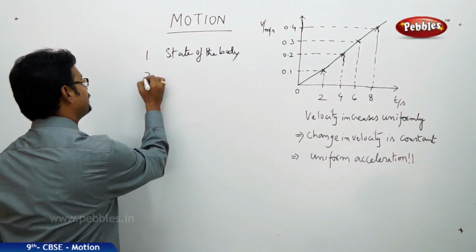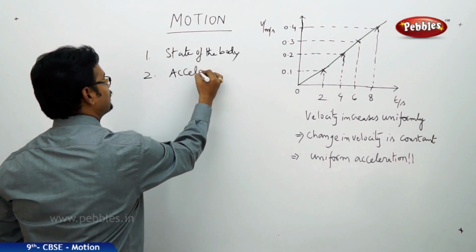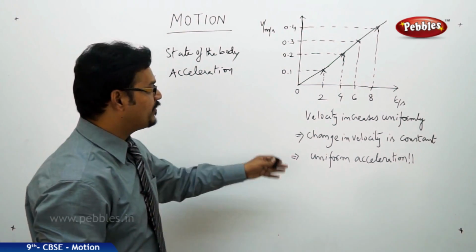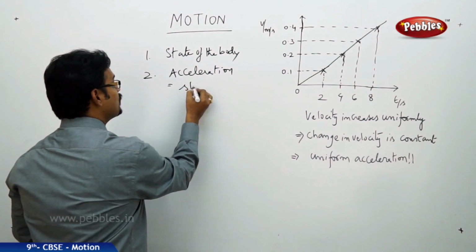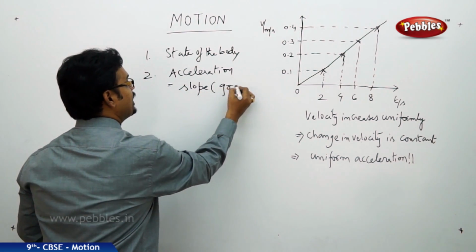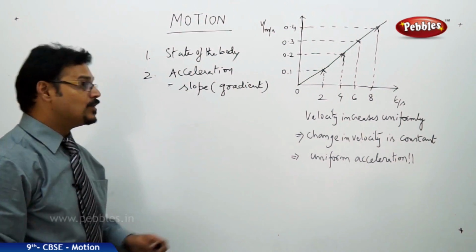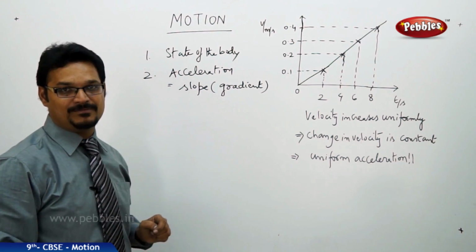Second, it gives acceleration. And it is possible by taking the slope or gradient of the graph. So the slope or gradient of a VT graph gives acceleration.